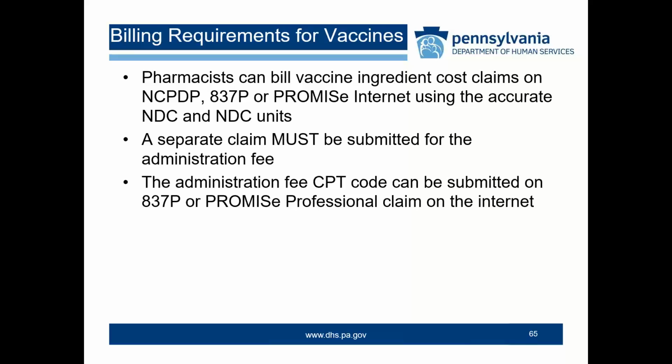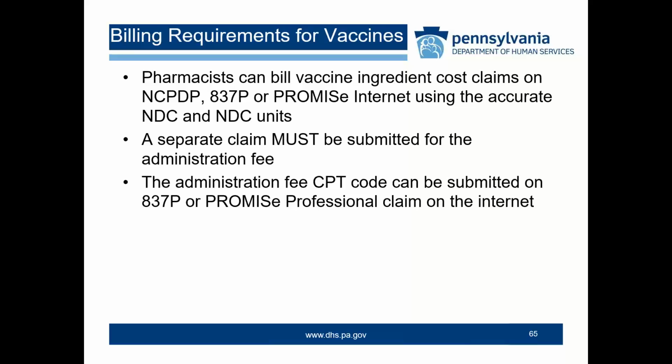A separate claim form would be used to submit for the administration fee. And again, that would be using the CPT code and submitting that on the 837P transaction, or the professional claim form on the internet, or if you wanted to go on paper, the CMS 1500 claim form.